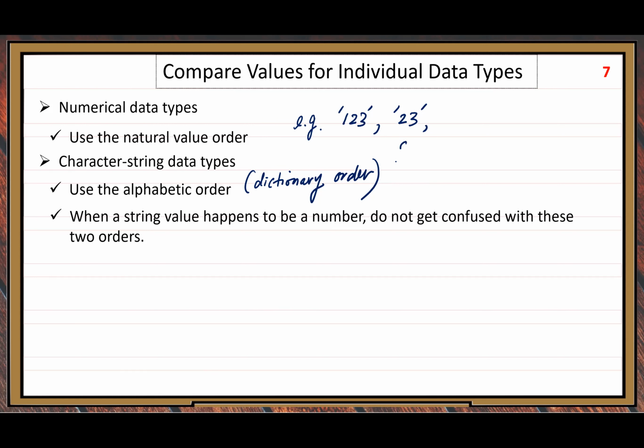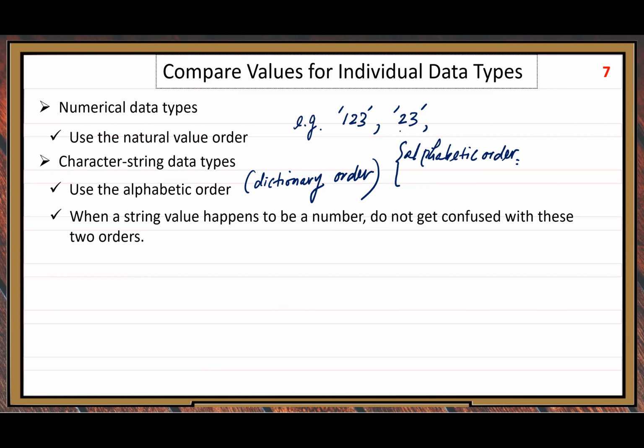When we do comparison, regarding the numerical value, we have two different ways. First, let's use the alphabetic order.